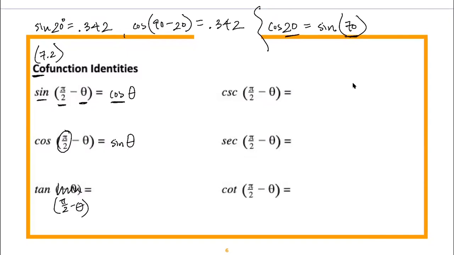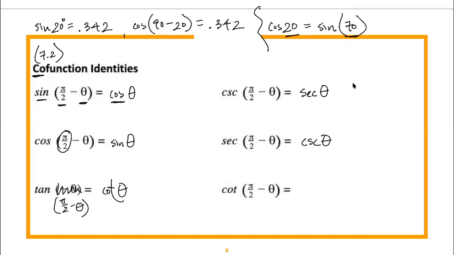So if we pair our secant and our cosecant, that means that cosecant of pi over 2 minus theta is equal to secant of theta. And that secant of pi over 2 minus theta is equal to cosecant of theta. And then for our last pair, tangent of pi over 2 minus theta is equal to cotangent theta.